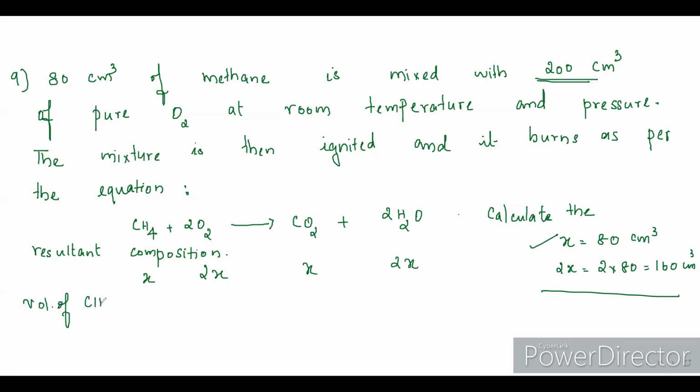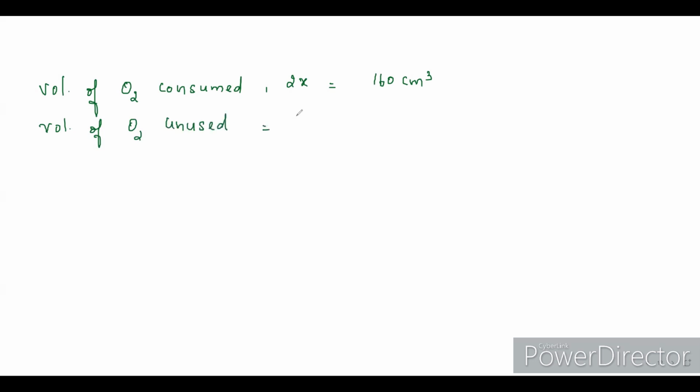Volume of methane is 80 centimeter cube and volume of oxygen consumed is 2x, which is 160 centimeter cube. Then volume of oxygen unused is 200, that is given, minus 160, that is 40 centimeter cube.